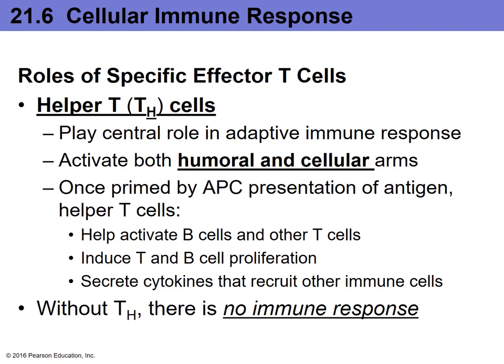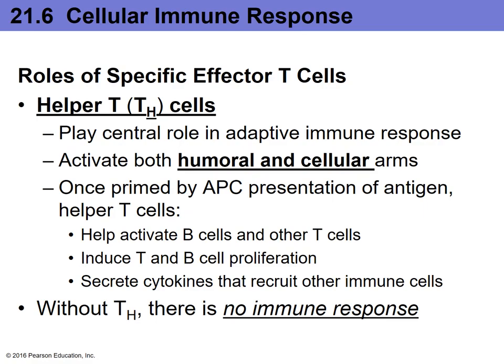Now the helper T cells are going to play a huge role in activation, because helper T cells are going to activate additional T cells. There are multiple T cells. So when the CD4 activates the helper T cells, they are going to help activate the regulatory T cells, which are involved with helping to prevent autoimmune diseases.